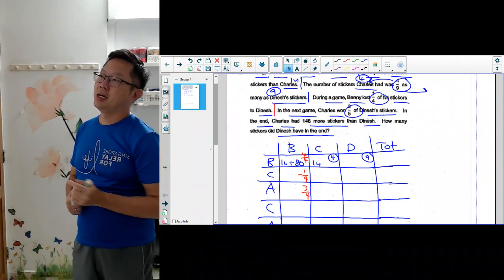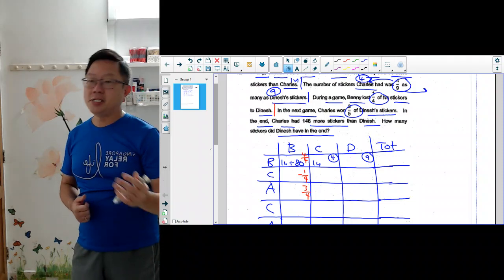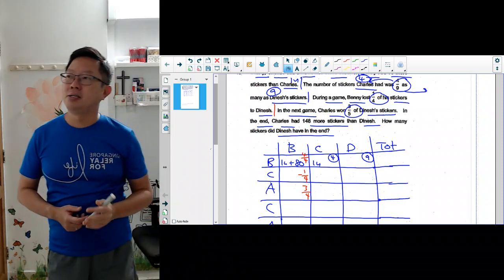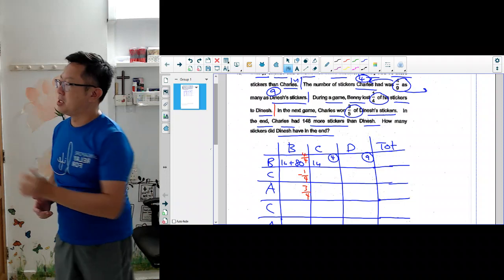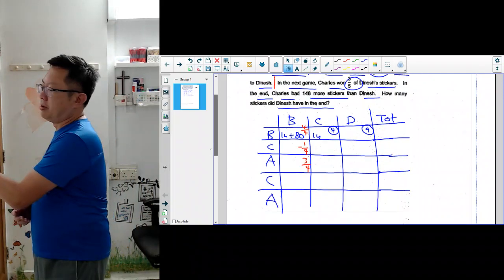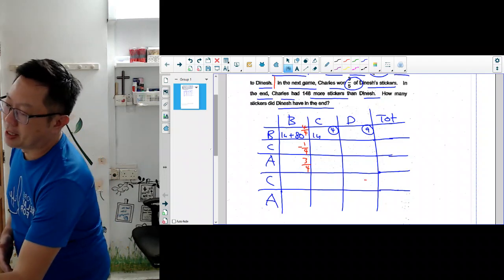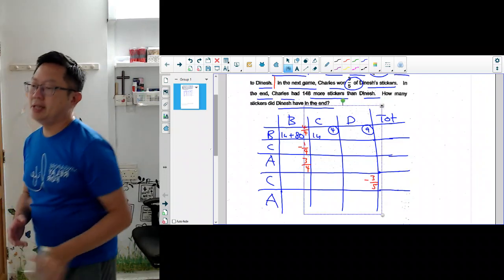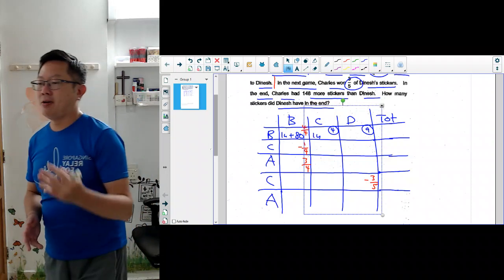In the next game, Charles won 3/5 of Dinesh's stickers. Which means that Dinesh lost 3/5, right? So let's go to Dinesh's column, and Dinesh lost 3/5, which is the change. So you minus 3/5, and again there's a fraction set, a family of fractions.